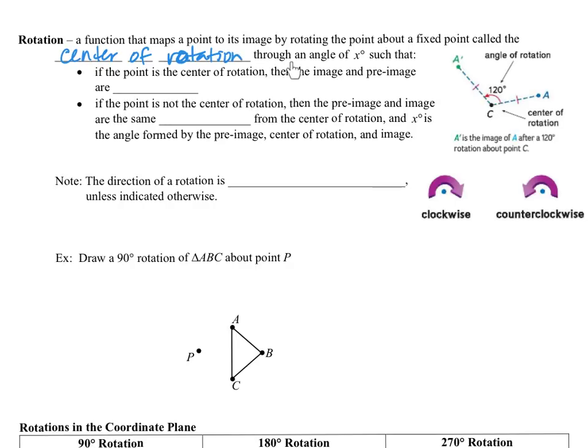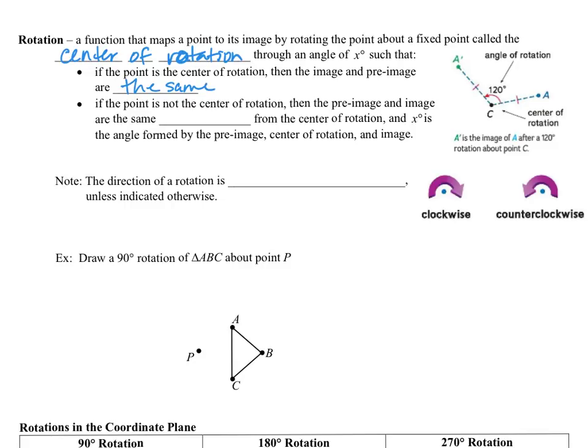Okay. Through an angle of x degrees such that the following two things are true. First of all, if the point is actually the same as the center of rotation, then the image and the pre-image point would actually be the same point.